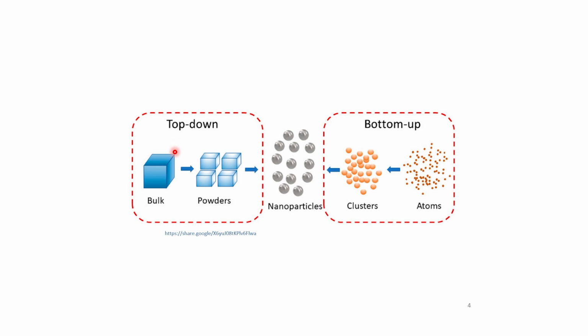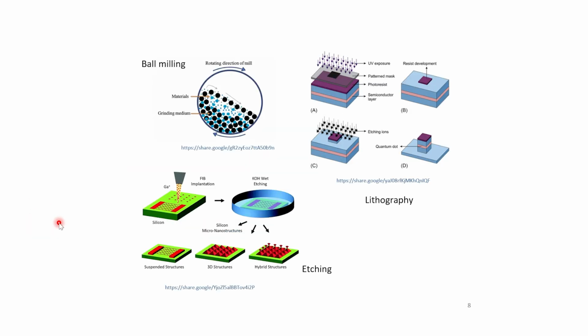So that is the top-down approach, where this bulk material is being broken down into smaller parts in powder form. Nanoparticles are formed. Or bottom-up approach, where small atoms are forming clusters to form nanoparticles. That's the basic difference between top down and bottom up approaches.